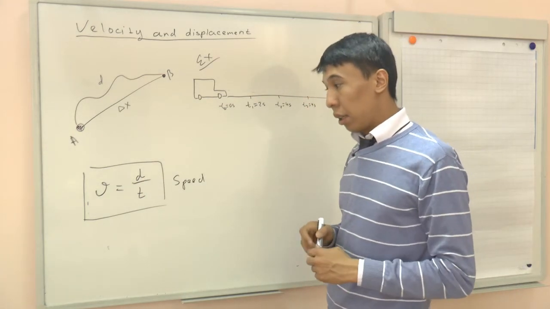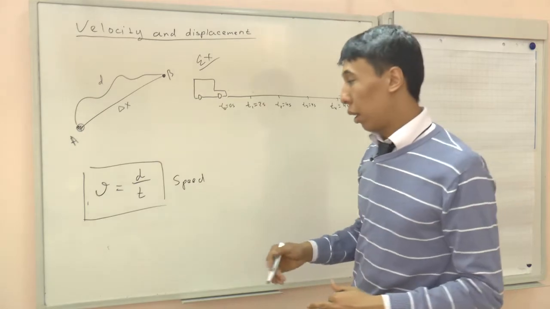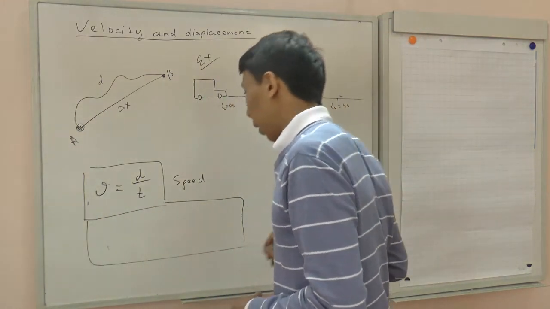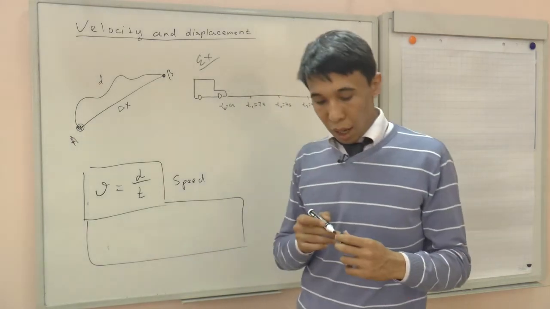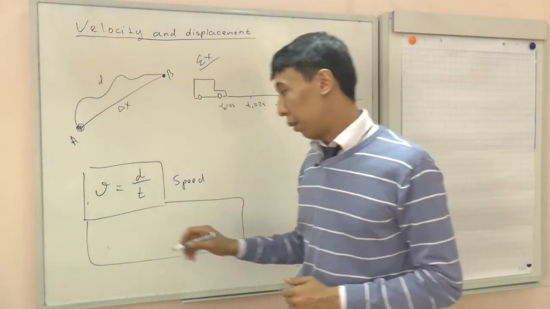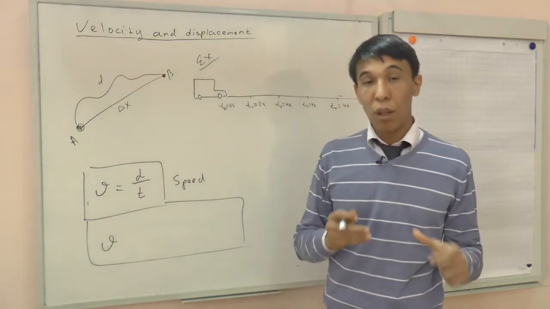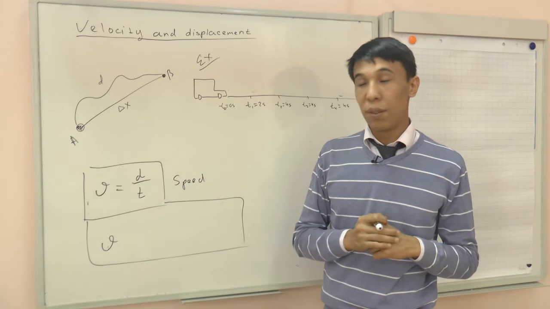Yeah, and let's go to the equation of velocity. Okay, guys, velocity and speed have the same symbol. But the difference between them is that one of them is a scalar, the second one is a vector.